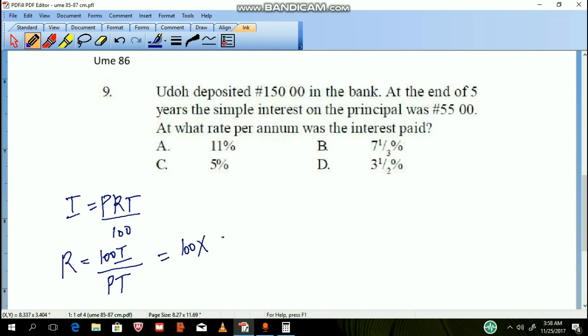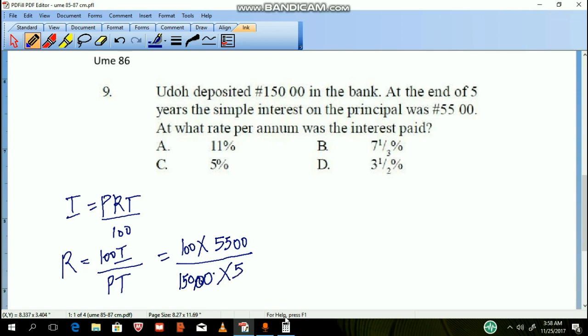The interest is, based on what I see, 5500, all divided by P, the principal, that's the amount deposited. That will be 15,000, based on what I can see, times the time at the end of 5 years, so times 5.